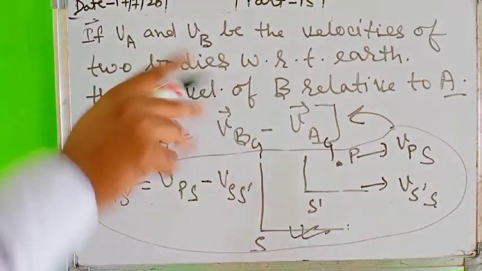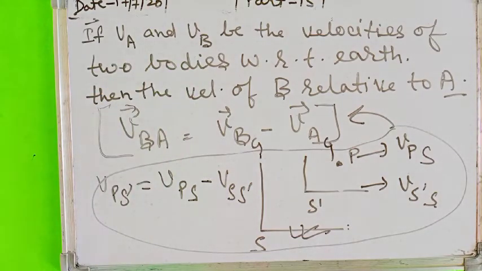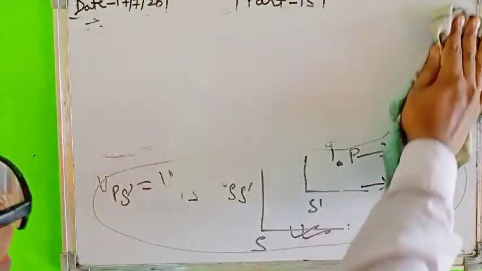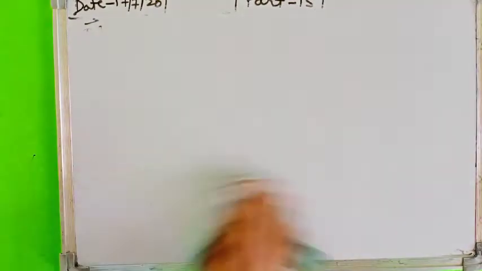So in this way, this is the concept of relative velocity. To make this concept more clear, we are considering some examples. I think students, with these examples, the concept will become more clear to you.